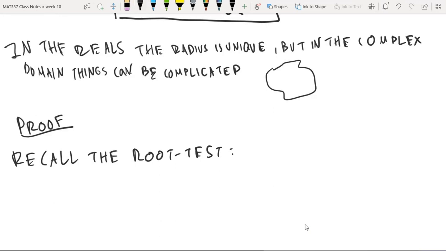Consider a sequence of real numbers, a series. I don't know. When you write b_n, it exists, it converges.